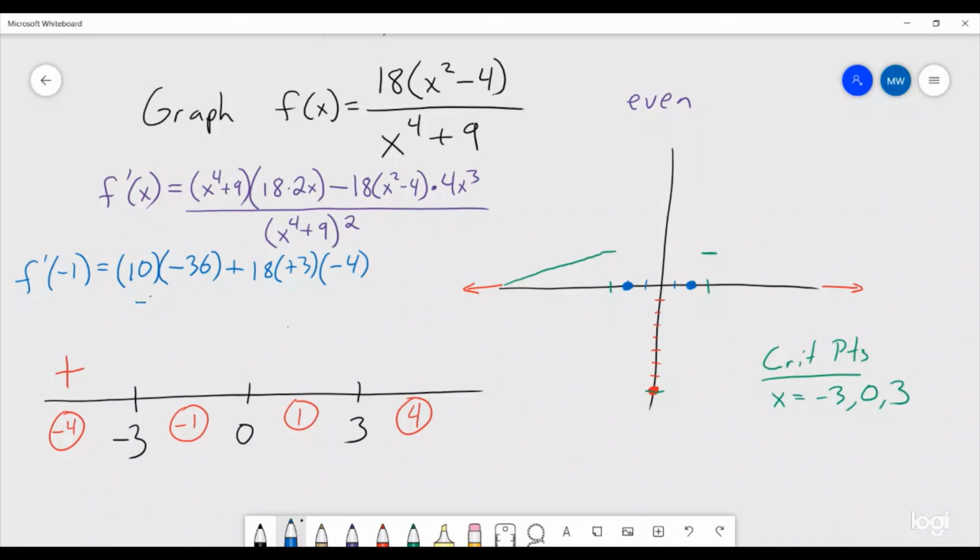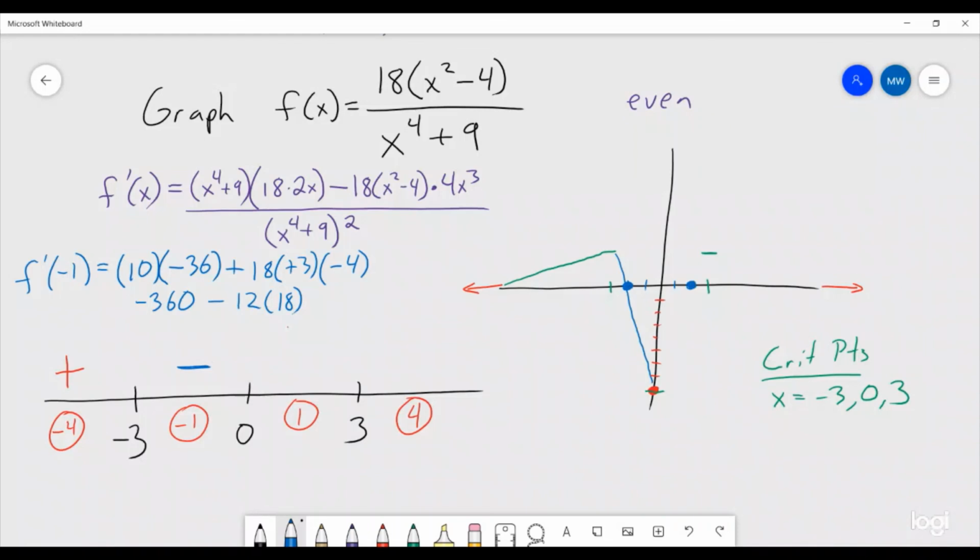So let's see, we got negative 360 minus 12 times 18. This is definitely going to be negative. So the slope is going to be decreasing.